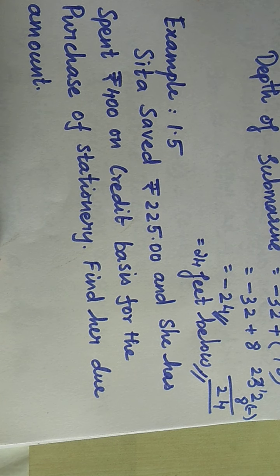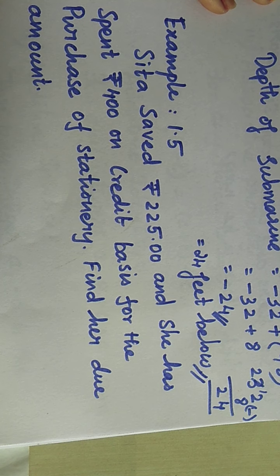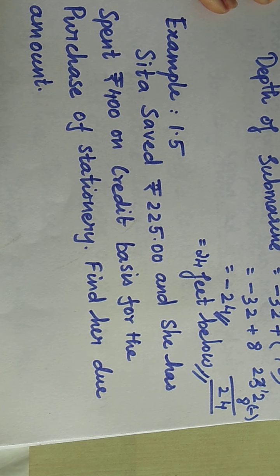Next question, example 1.5. Sita saved rupees 225, and she has spent rupees 400 on credit basis for the purchase of stationeries. Find her due amount.